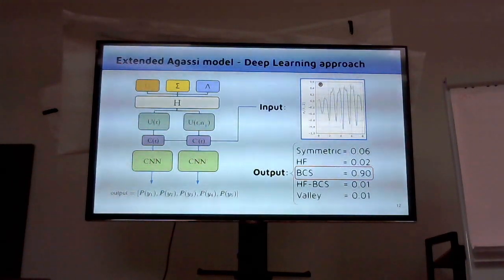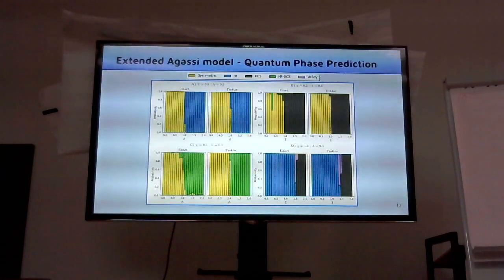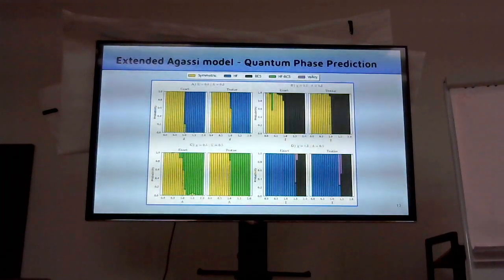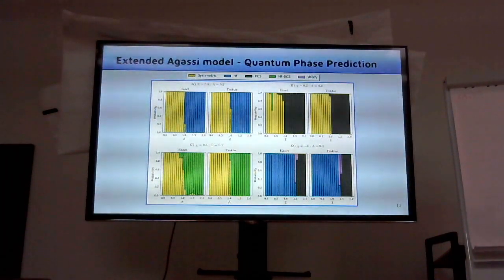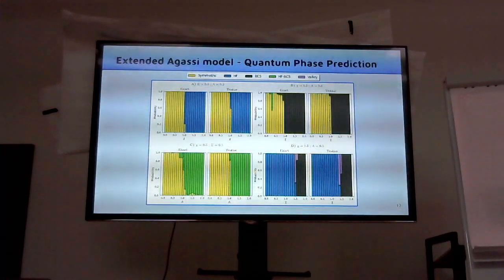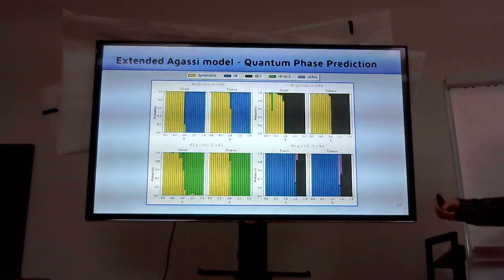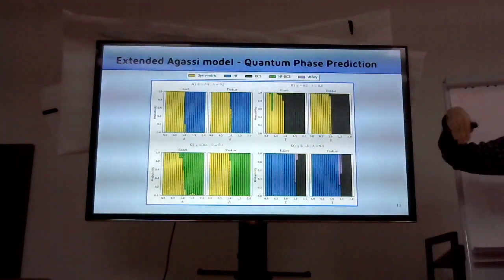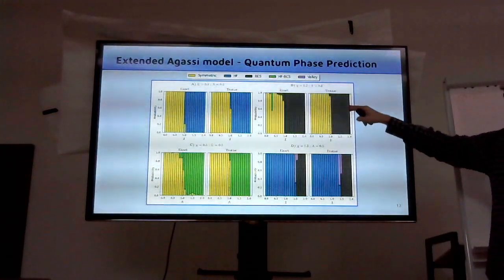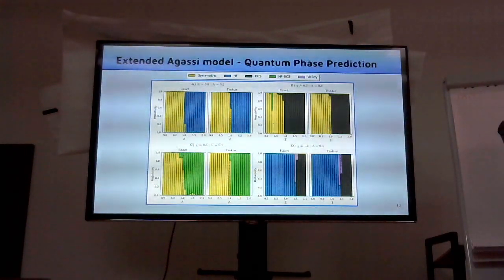But doing this, instead of the line like we had before, I have these graphs with colors, where the bar represents the certainty that the model has that the correlation function corresponds to that specific quantum phase. So in this case, it is almost 100% sure that it is the symmetric phase. Then in places like this one, it is almost sure, but a little bit uncertain that maybe it's another phase.